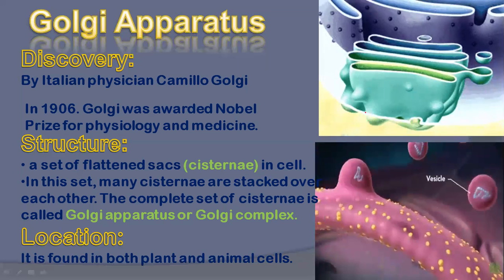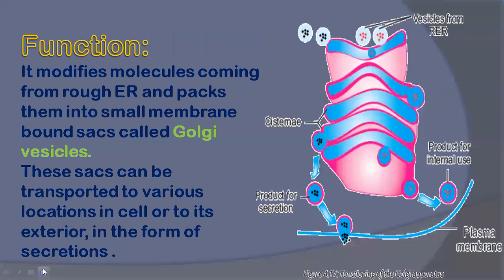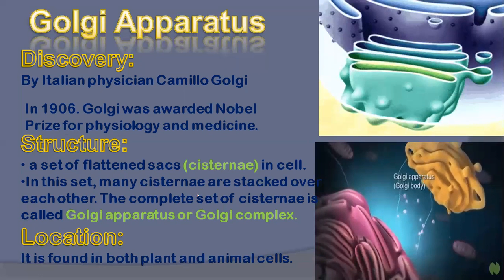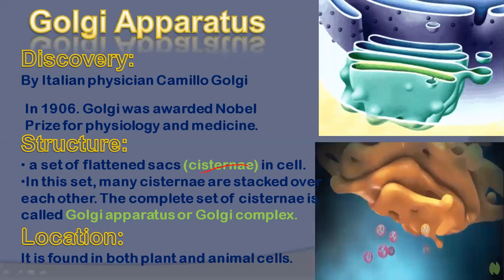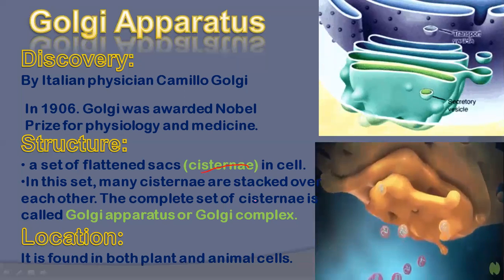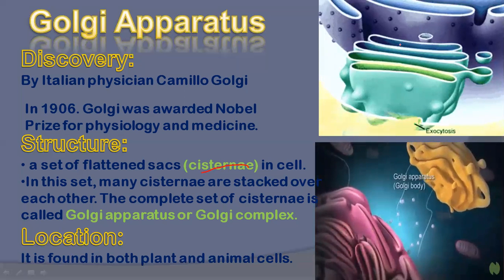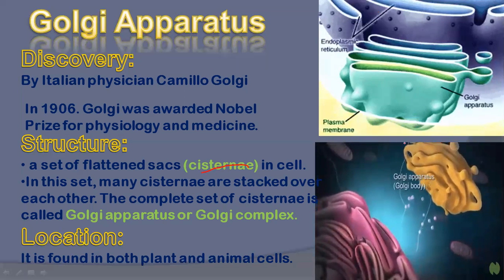They appear one on another and form a stack-like structure, and these sacs are called cisternae. In this set many cisternae are stacked one over the other, and this complete part is said to be the Golgi apparatus.